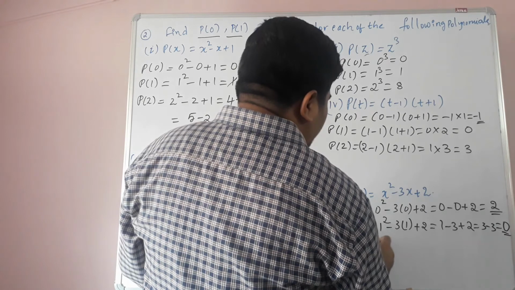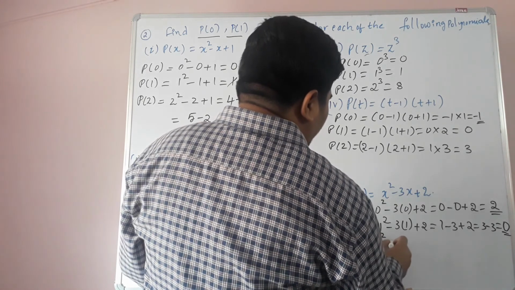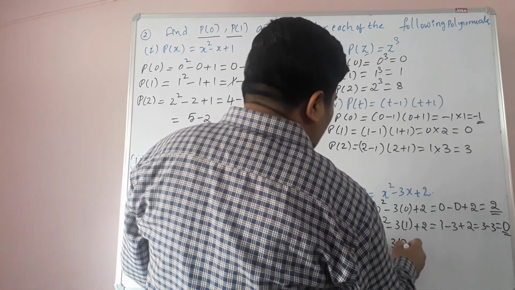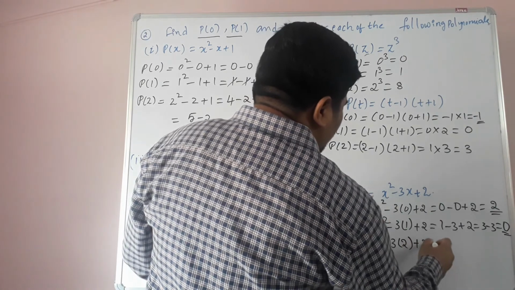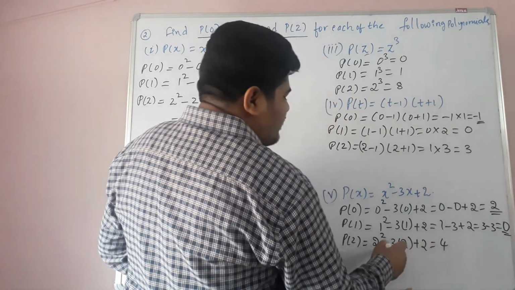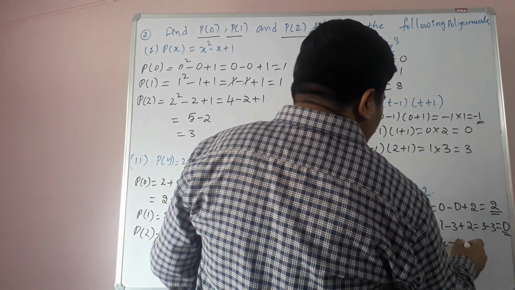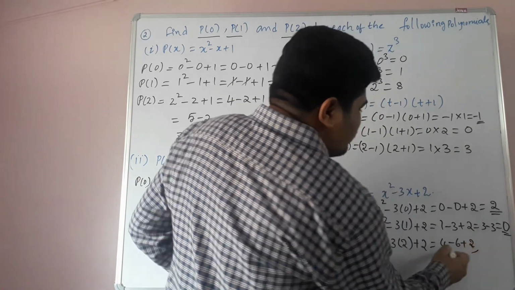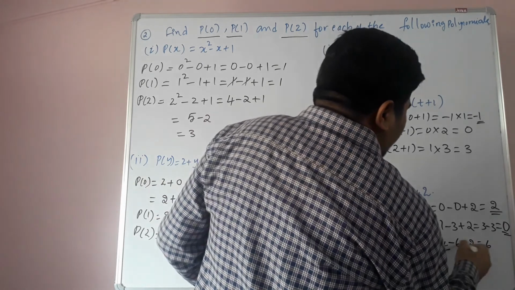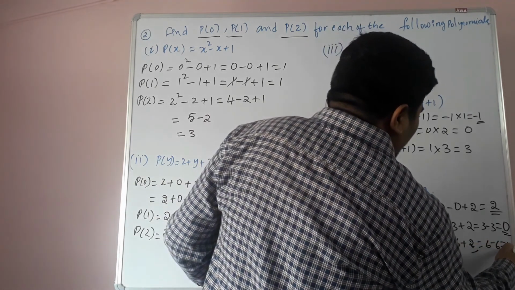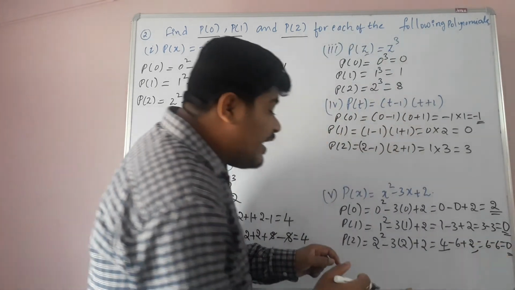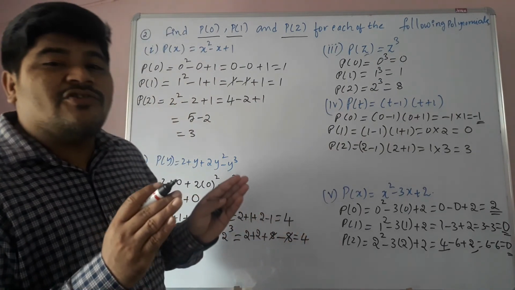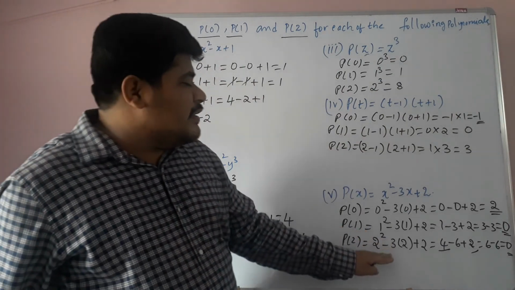So P of 2 is equal to 2 square minus 3 into 2 plus 2. So 2 square value 4 minus 3 into 2 is what? Negative 6 plus 2. So students, add positives. 4 plus 2 is 6. 6 minus 6 is 0. So students, even x is equal to 2 also giving us 0.